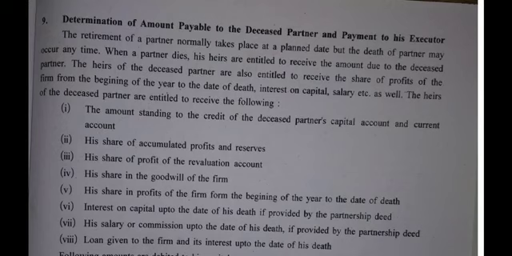We have understood this in the paragraph given. I just explained by giving you a simple example that if the accounting year has started on 1/4/2015 or 16 whatsoever, and partner meets death just after 6 months, then his share in profit is to be given to him from the date of the beginning of the accounting year till the date of his death. Then interest on capital up to the date of his death, if provided by the partnership deed.